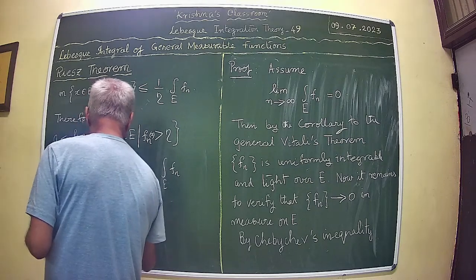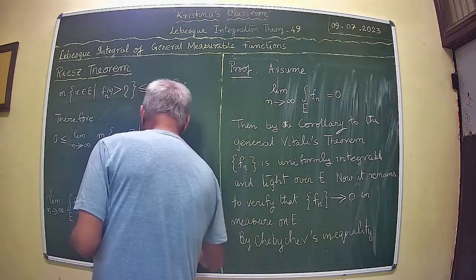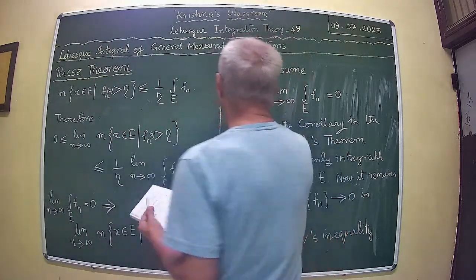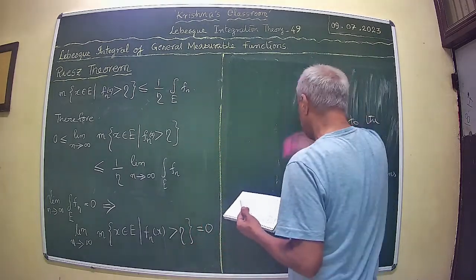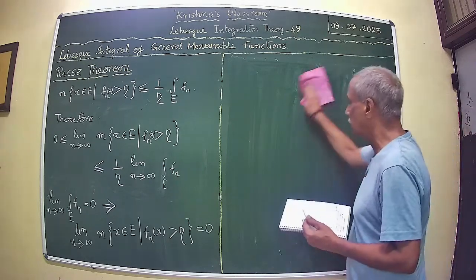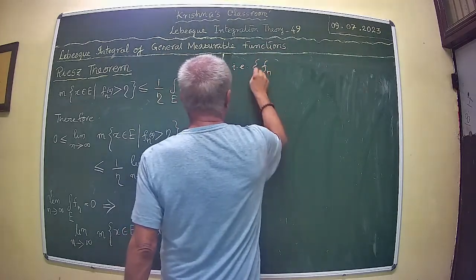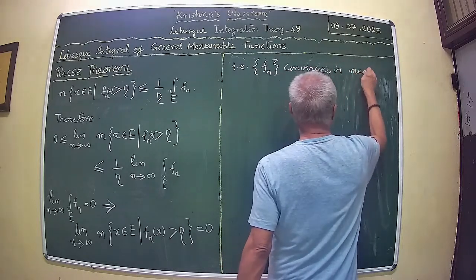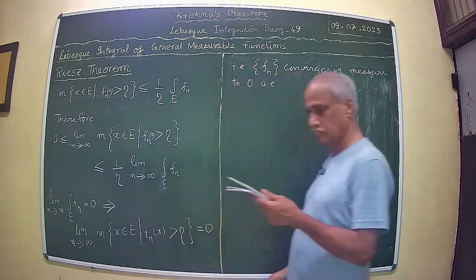That means Fn converges to 0 in measure. That's what we wanted to do.